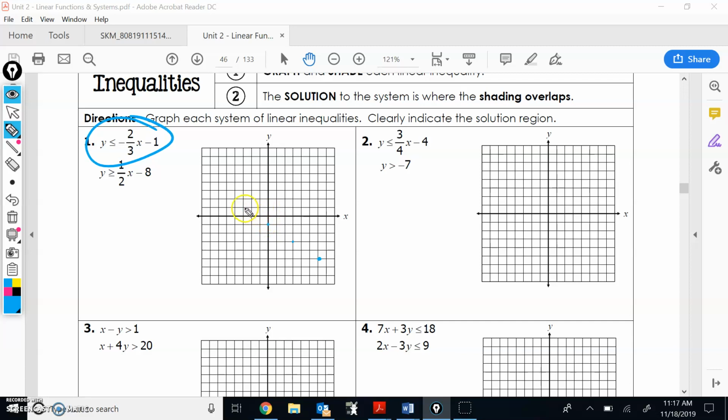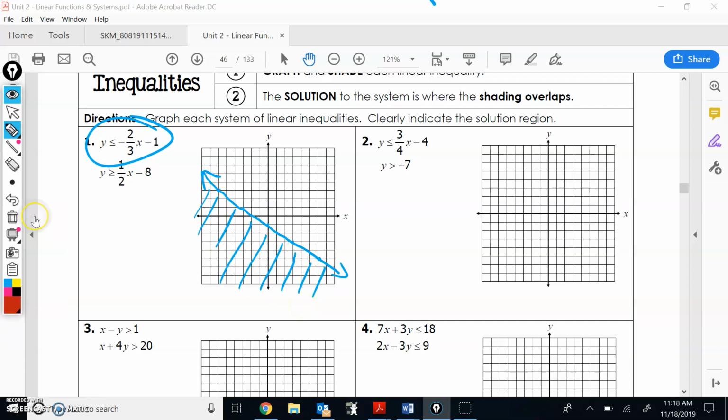Also go up 2 over 3, and I strongly recommend that you keep making the dots throughout the graph, and it is a solid line. It's solid because of the equal to, and we're going to shade below because of the less than sign.